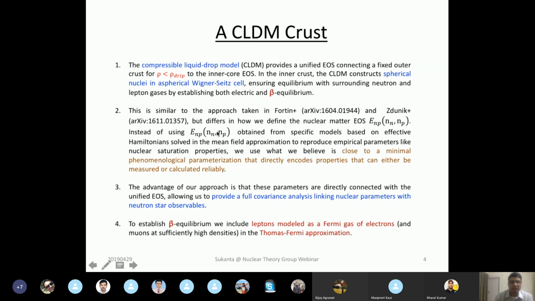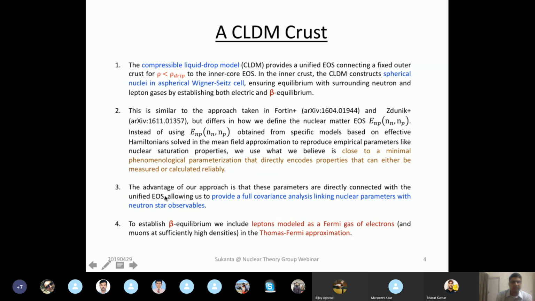So instead of using this nuclear energy density obtained from specific models based on effective Hamiltonians solved in the mean field approximation to reproduce empirical parameters like nuclear saturation properties, what we do here is close to a minimal phenomenological parameterization, which we'll see in a moment, that directly encodes properties that can be either measured or calculated with some confidence.